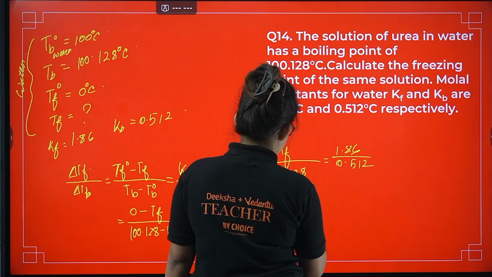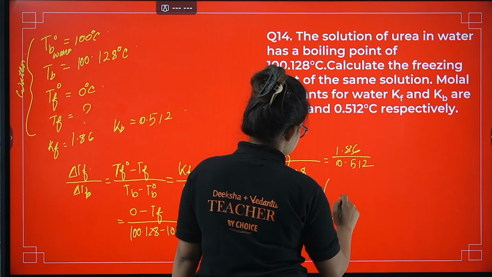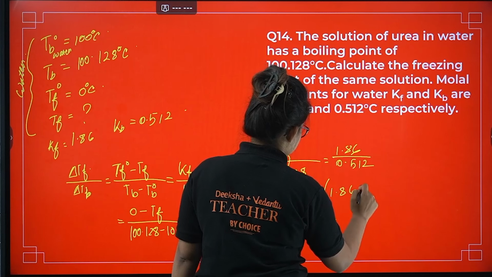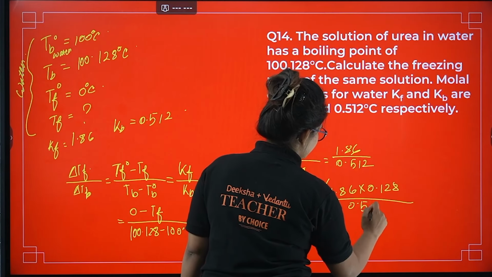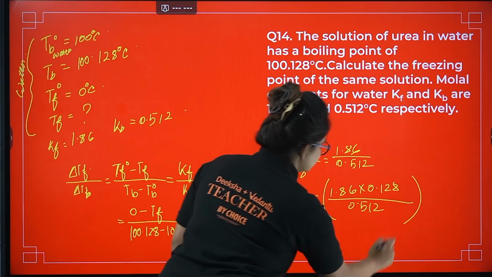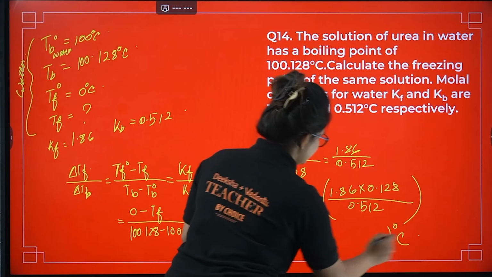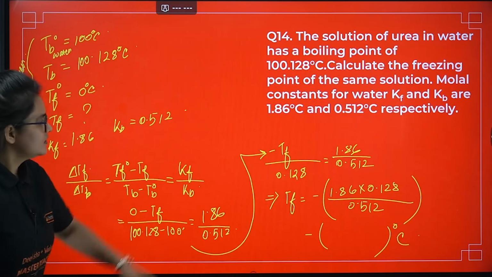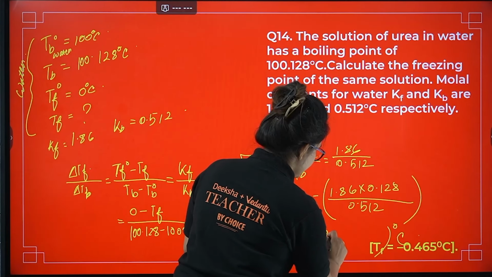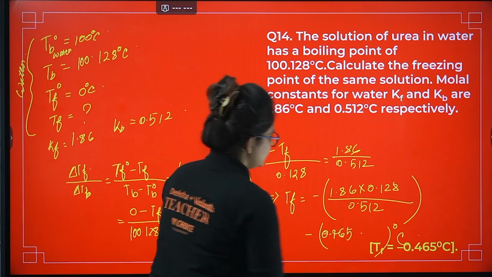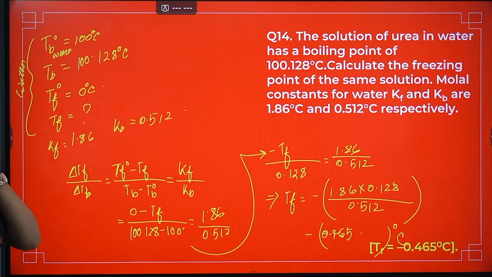So from here Tf you will get minus of 1.86 into 0.128 divided by 0.512. If you just do this, you will end up with a negative degree Celsius, so you can see minus 0.465 we will get. I guess this is clear to you. Let's go ahead.